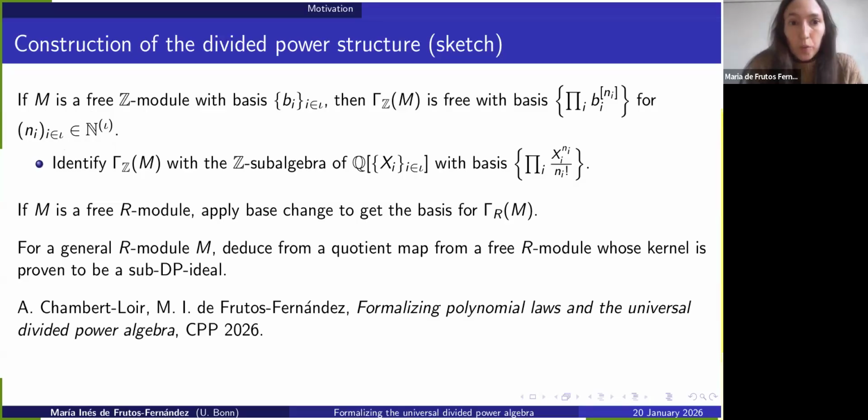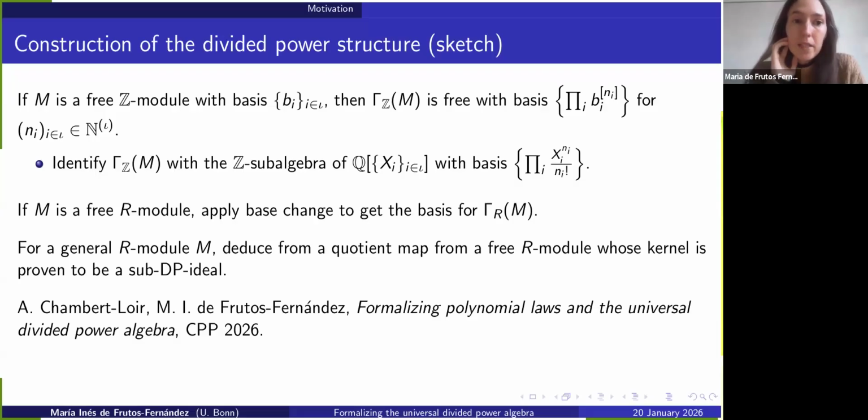So to prove that this is the basis, what we ended up doing is we identify gamma_Z of M with a subalgebra of the polynomial ring in the variables indexed by iota with coefficients in Q. And so this is the subalgebra which has basis given by these products of elements of the form x_i to the n_i divided by n_i factorial.